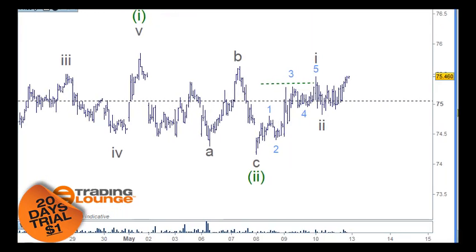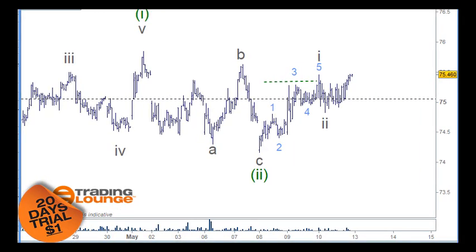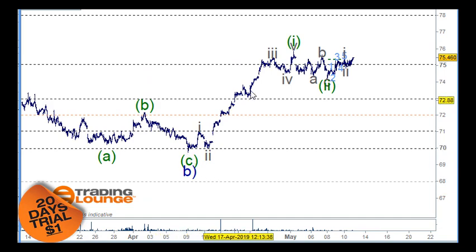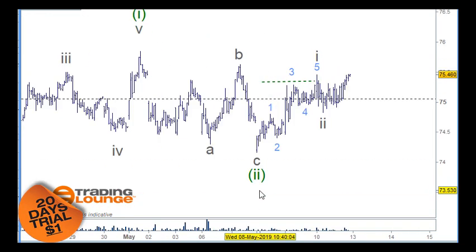And also, we talked about CBA last time, and we also went long on that because we counted 5 waves up through here, and it appeared that this move down through here, which I liked, was corrective. It was rather small for wave 2, but it was still corrective. And if we find support on the 75 here, then we can go long.